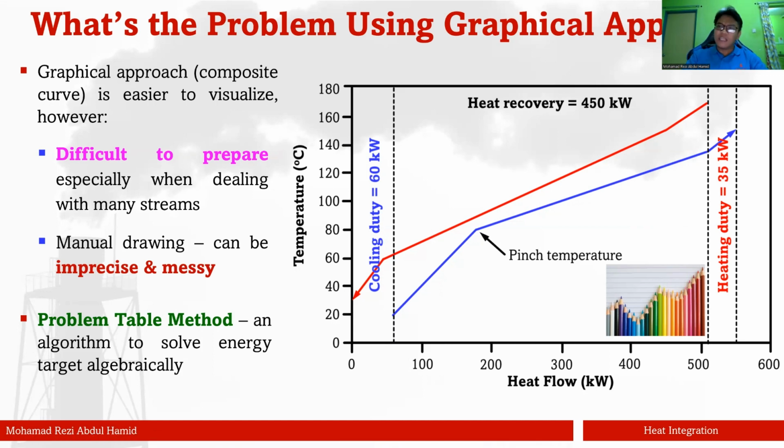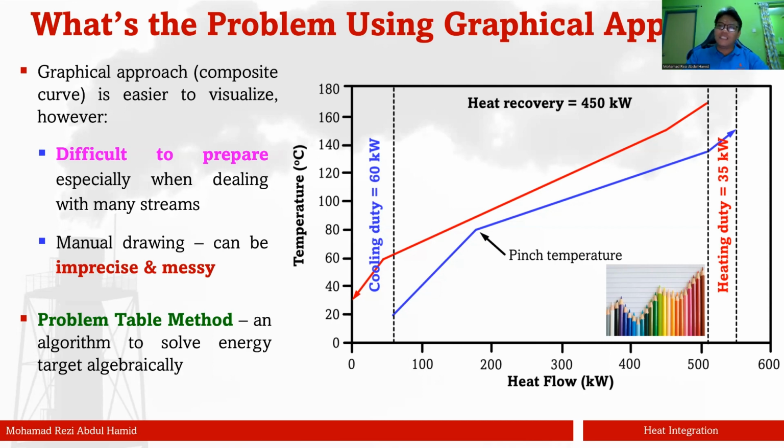Another thing is that with manual drawing, things can be imprecise, especially when you want to locate the pinch temperature, or calculate heat recovery or hot and cold utility usage. It can also be quite messy. This is true, by the way, especially when my students prepare their composite curves during an exam or test, because they have limited time, so the quality of their composite curves is not that great.